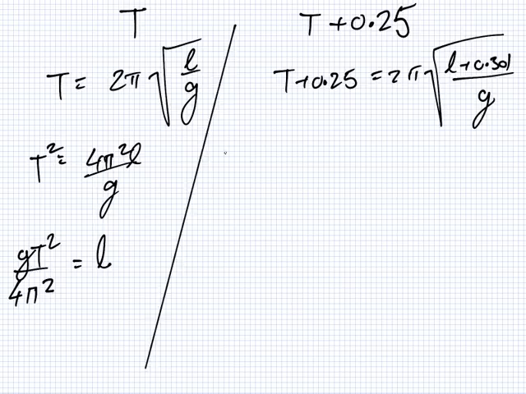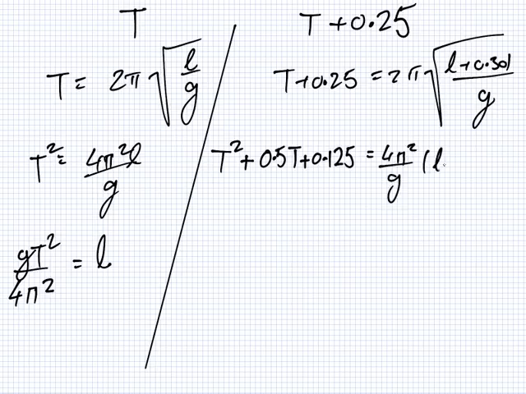Oh my goodness, I have to square here. Right, T squared plus twice the first by the second plus the second squared equals 4 pi squared over G L plus 0.301.